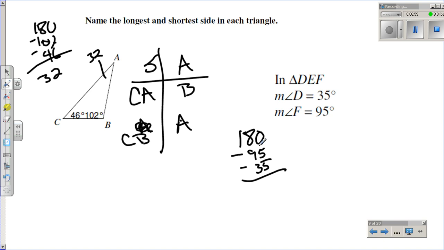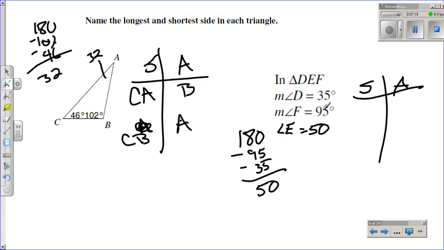I plugged that in the calculator a little wrong. It's 50. So actually we have D and F. We know that angle E is 50. Now I go sides and angles. I know the largest side is F here. It's 95. What two letters are missing? D and E.